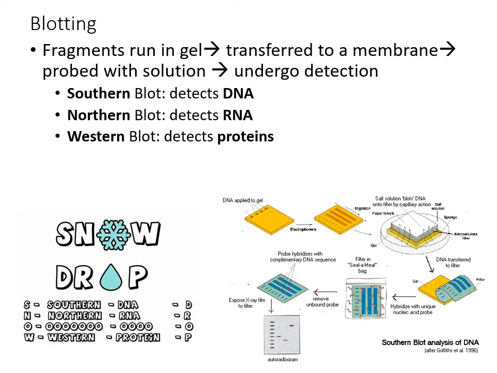In all of these, you're putting fragments onto a membrane, but in southern blot, you're probing for DNA, in northern blot, you're probing for RNA, in western blot, you're probing for proteins. It's more specific blotting than simply running a gel electrophoresis.